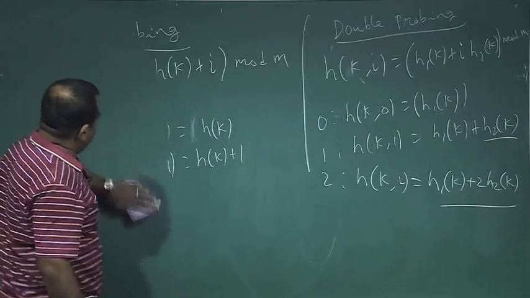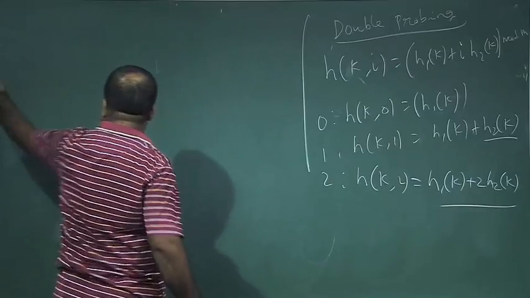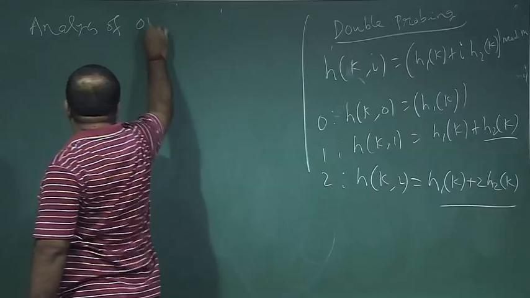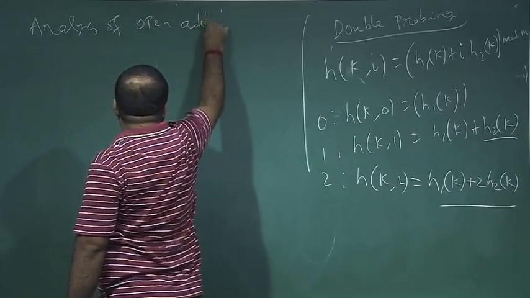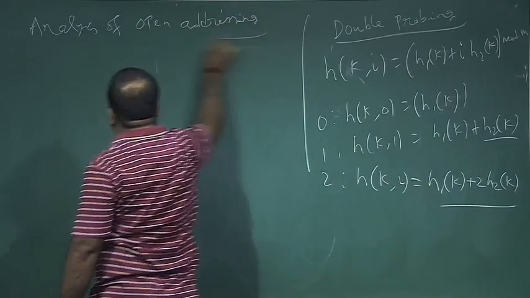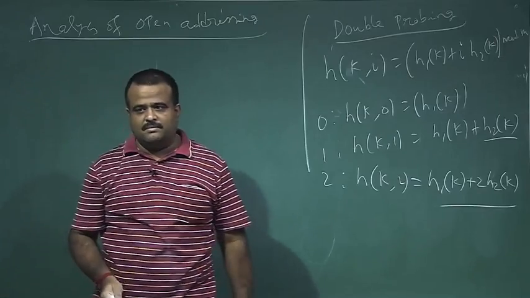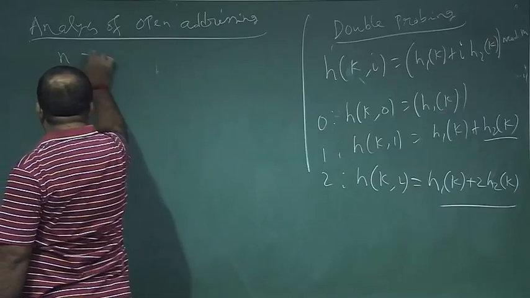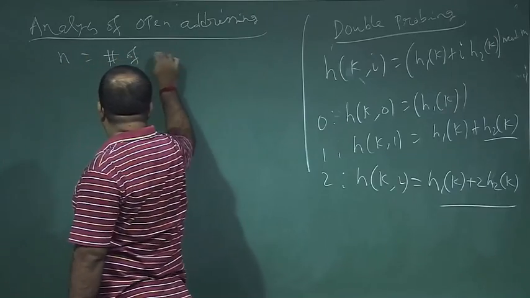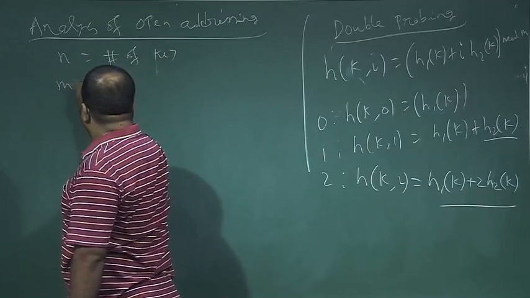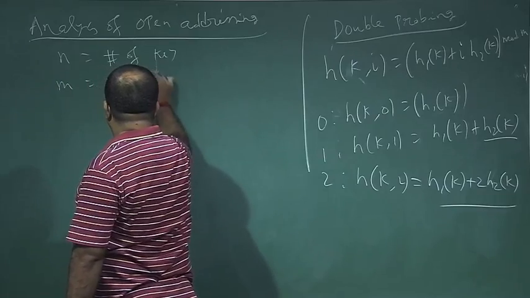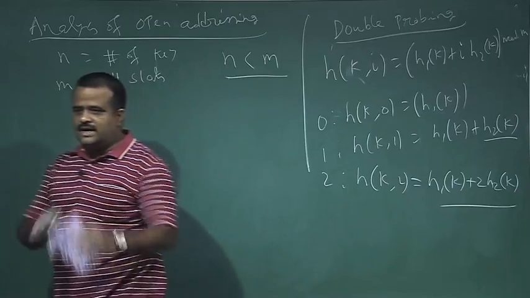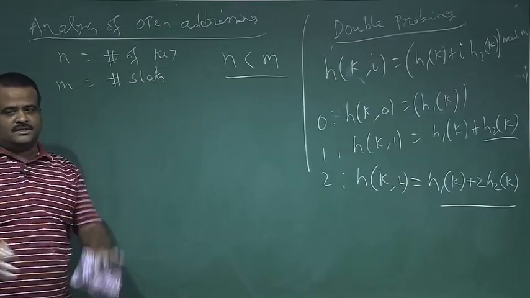So, let us quickly analyze this open addressing. If we have an open addressing method to solve the collision, suppose n is the number of keys and m is the number of slots. For open addressing, n must be less than m, otherwise we cannot fit everything into the table, since we are not allowing any extra storage.